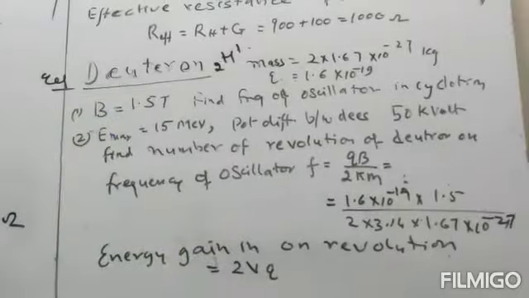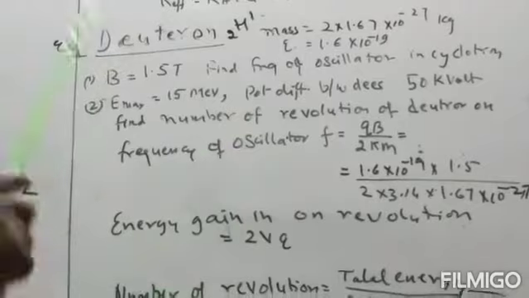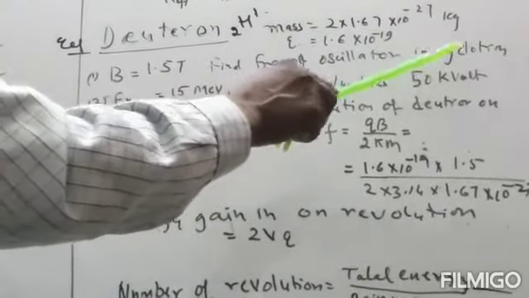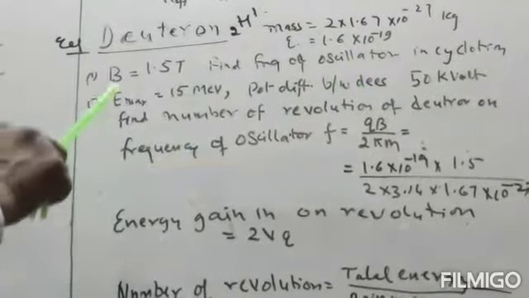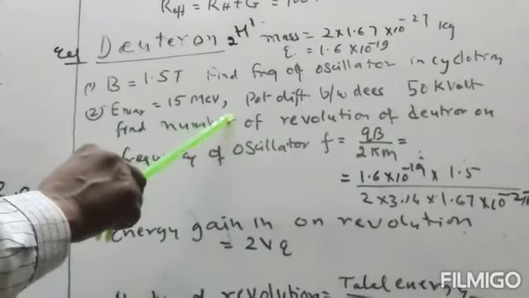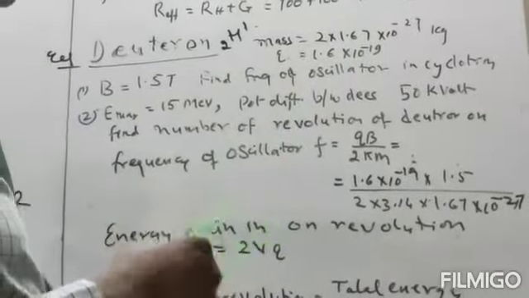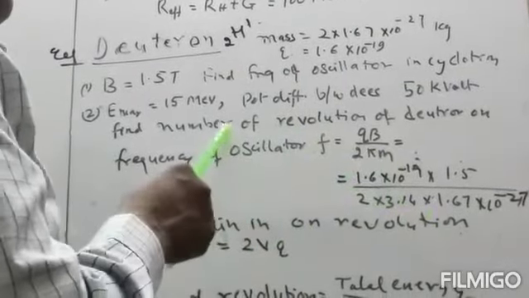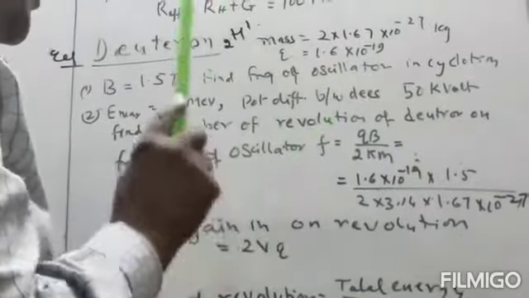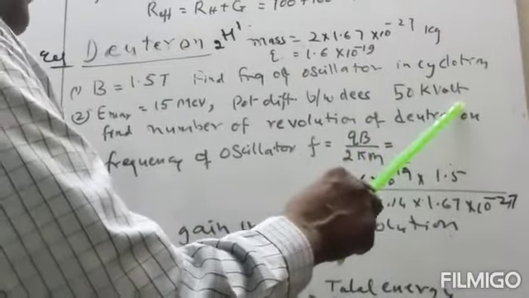Now, if the magnetic field B is 1.5 Tesla, then we have to find the frequency of the oscillator which is required for the cyclotron. Second, if the maximum energy is 15 MeV, then we have to find the number of total revolutions of the deuteron if the potential difference between the two D's is 50 kilovolt.